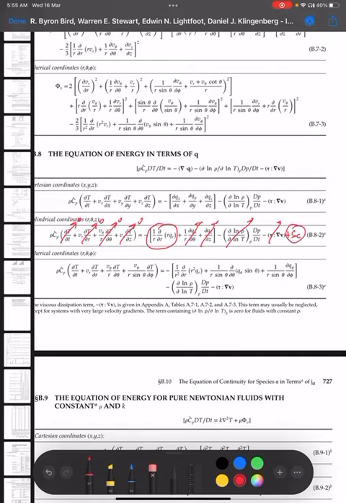Now your equation becomes minus 1 by R dou dou R of R QR plus SC equals 0. You can also refer to the book and see how this is derived from the control volume approach.